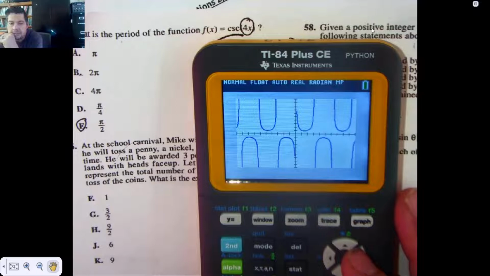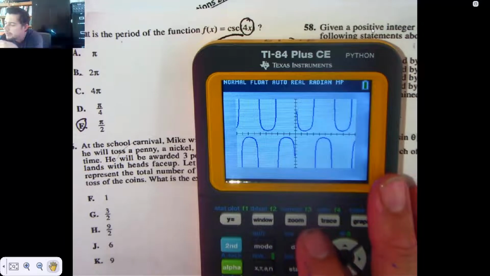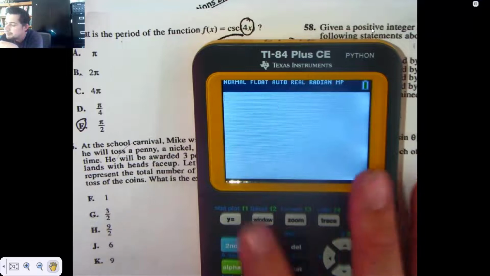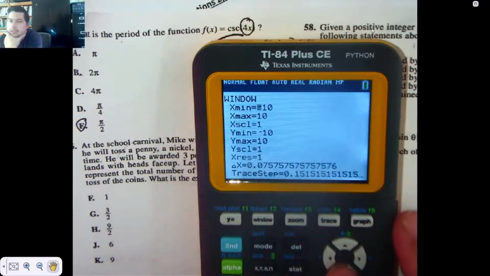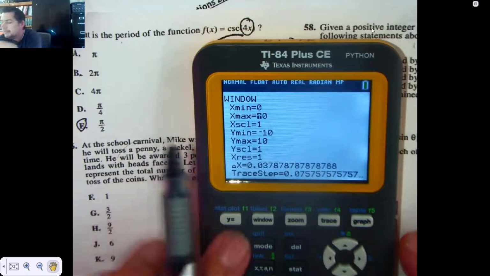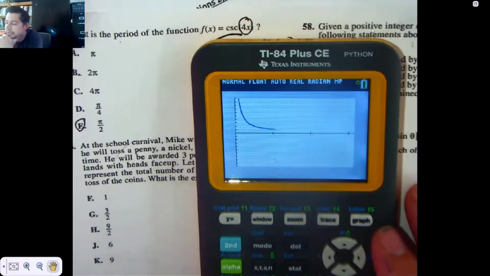A period is how long it takes for a graph to cycle. I'm going to play with my window here. I'm going to take the window from 0 to pi. X min of 0, X max of pi. And I'm going to hit that graph key.